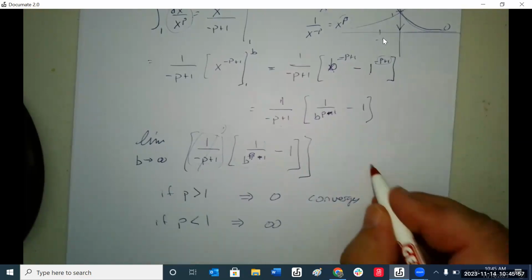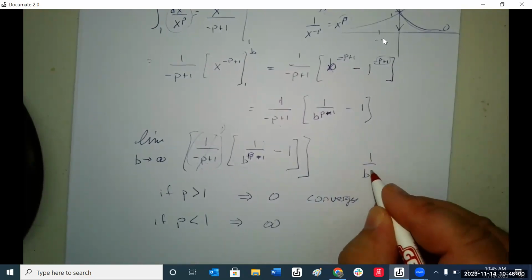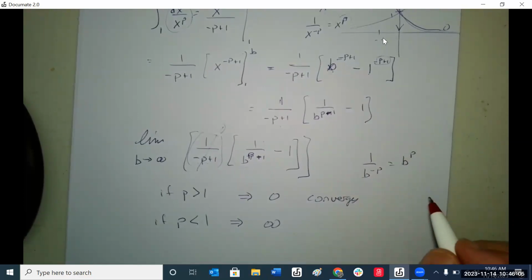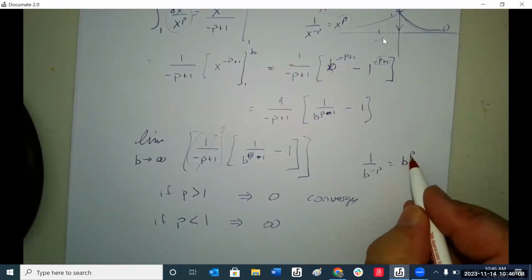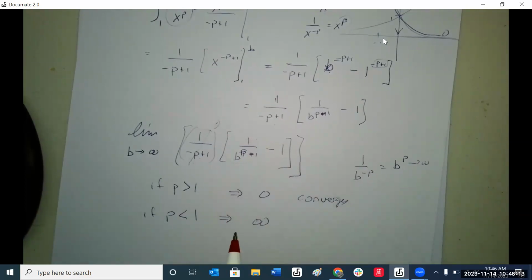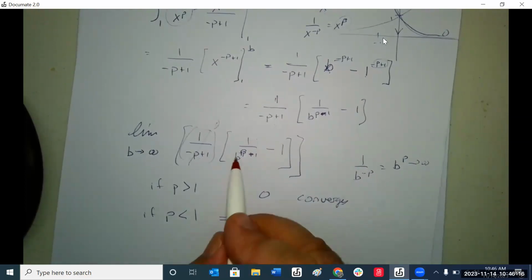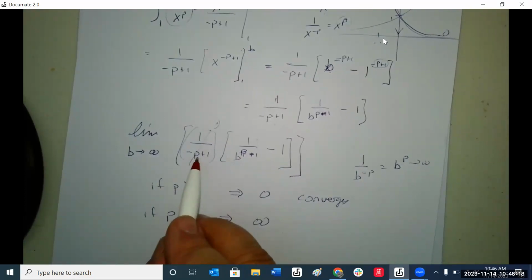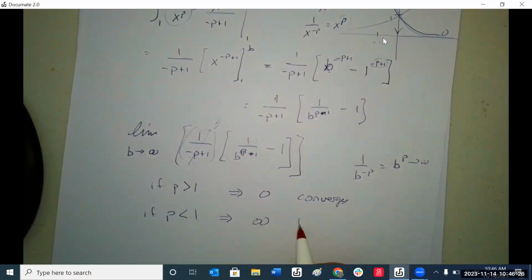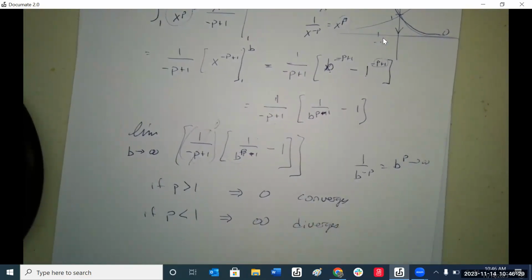Say we have 1 over B to the negative P, which is B to the P. As P gets larger and larger, this one goes to infinity because it's an exponent. This one just gradually goes to 0 slowly. So that goes faster. That's what we're looking for.